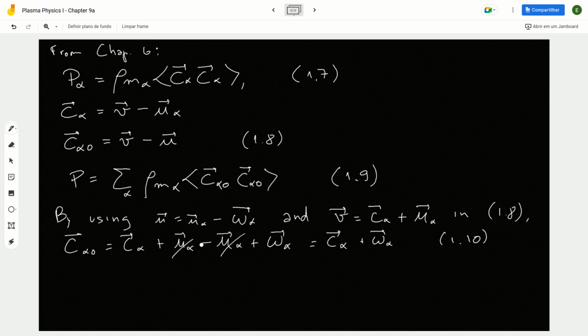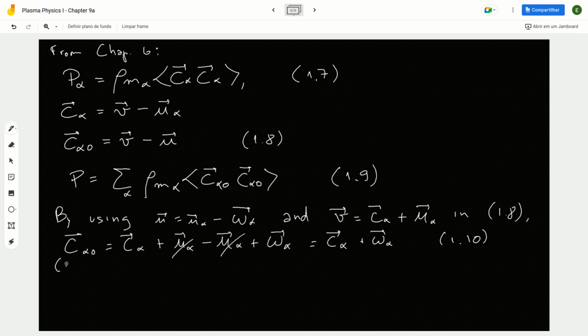So I'm just deriving some basic variables that we are going to use when we write the MHD equations, the magnetohydrodynamic equations. So these initial steps are very important. So now I'm going to use 1.10 into 1.9 here.